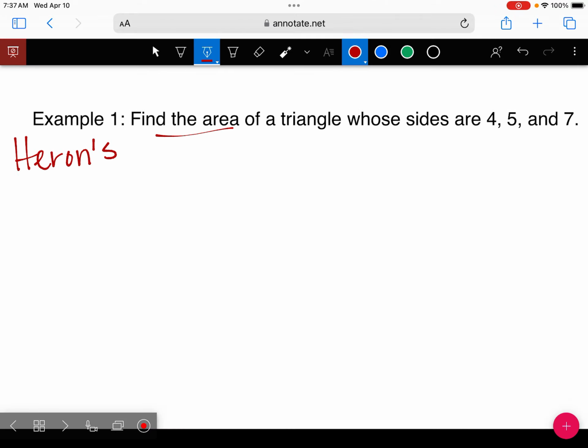The first thing we're going to do is find the semi-perimeter. That would be my little s. S equals, you're going to add up all the sides and divide that by 2. So go ahead and find the semi-perimeter. Add up all 3 sides. I should say this: if you're using the yellow calculators, use the fraction bar.